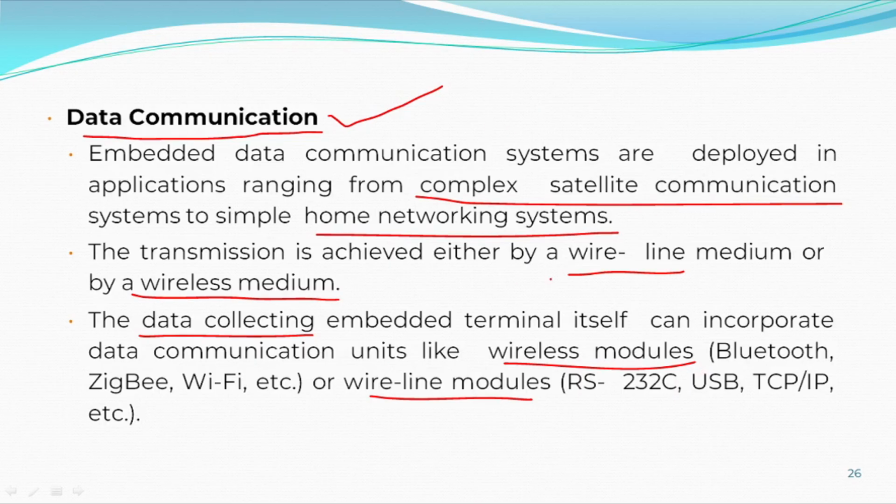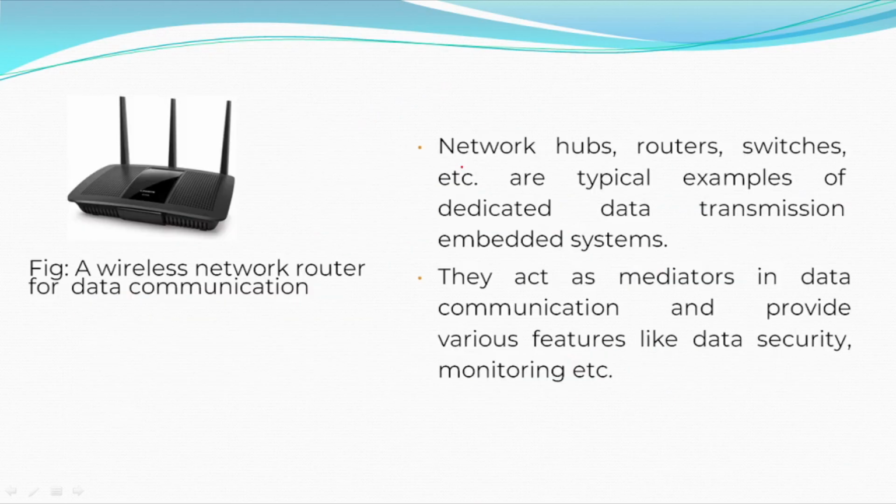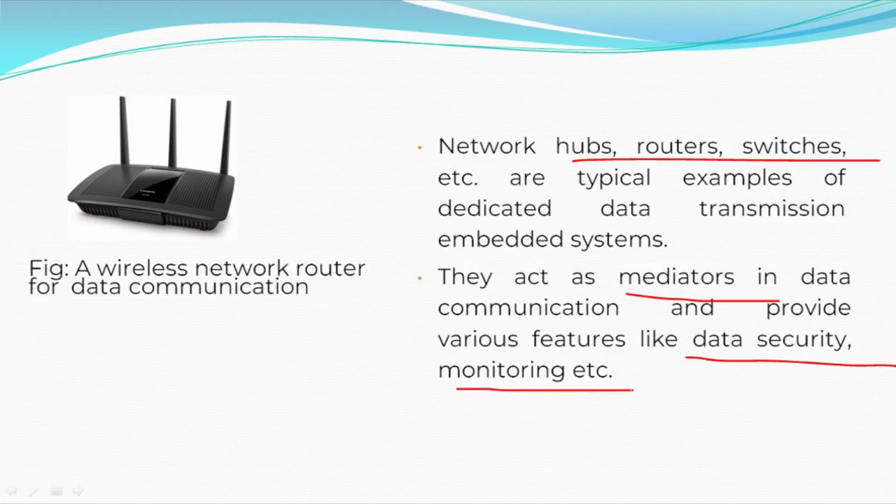But as an example for this, we'll consider systems like hubs, routers and switches, whose whole purpose is just to receive the data and send the data. They are like mediators in data communication. Rather than just receiving and sending, they make sure hackers or anyone else are not able to access this data. So they ensure data security and also monitoring.